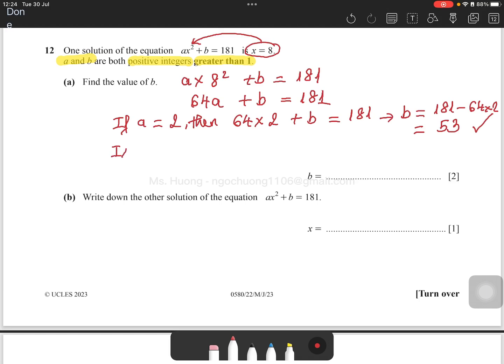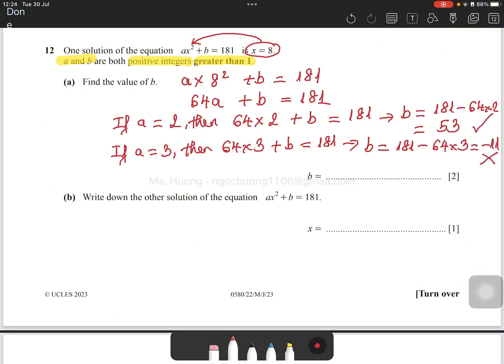But if a equals 3, then 64 times 3 plus b equals 181. This leads to b equals 181 minus 64 times 3 equals negative 11. So b is not a positive integer anymore. So you see that we only accept the value a equals 2. So when a equals 2, b is 53.